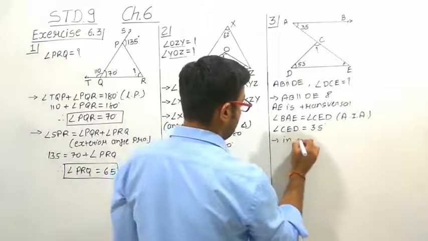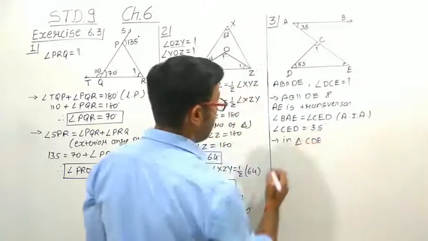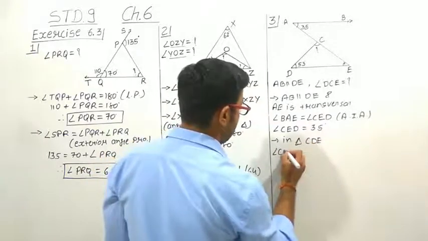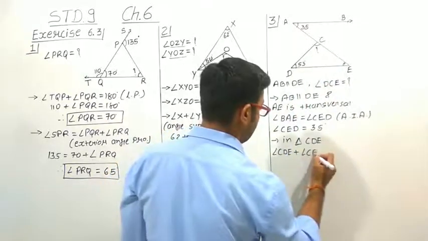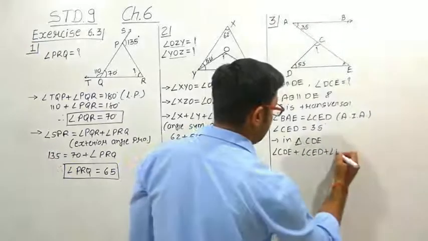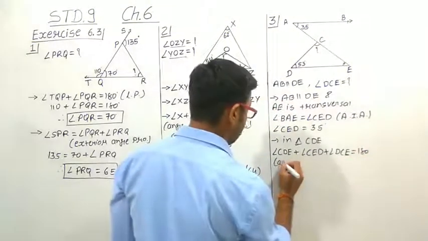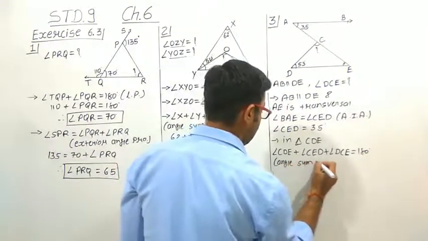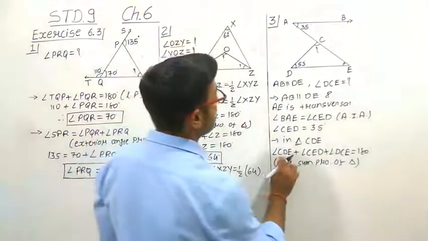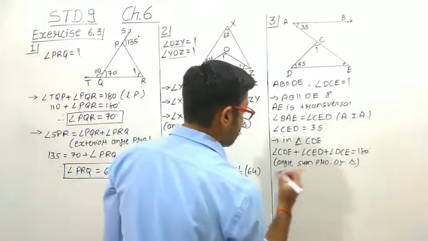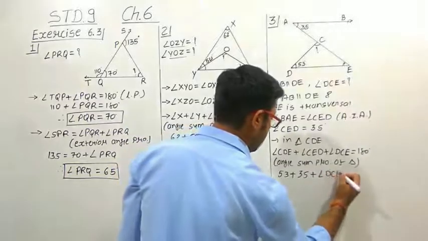So in triangle CDE, if we apply the angle sum property, we can write that angle CDE plus angle CED plus angle DCE total is equal to 180 degrees. That is the angle sum property of triangle. Now put down all the values. CDE is 53, CED is 35, and angle DCE we have to find out.